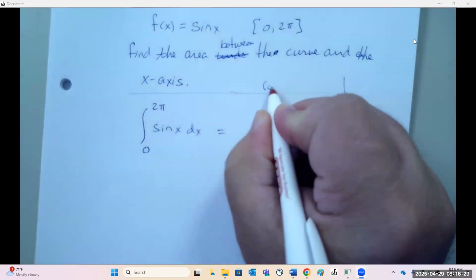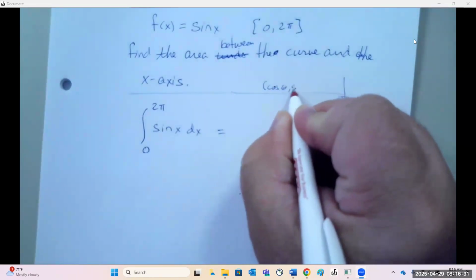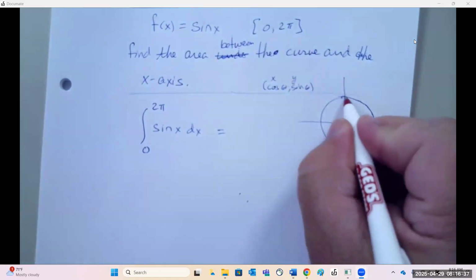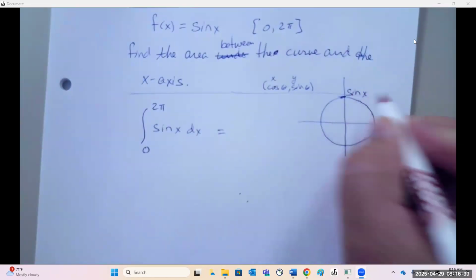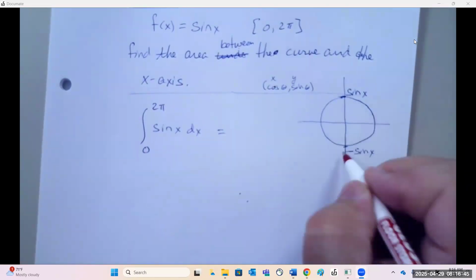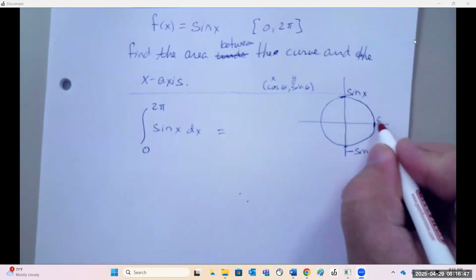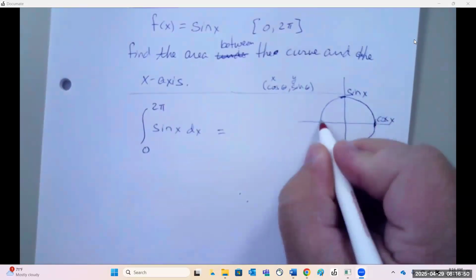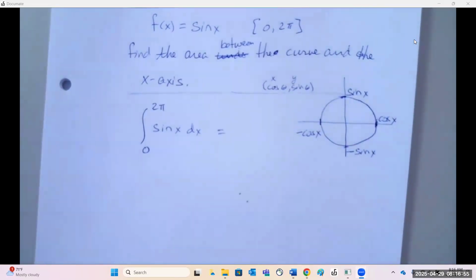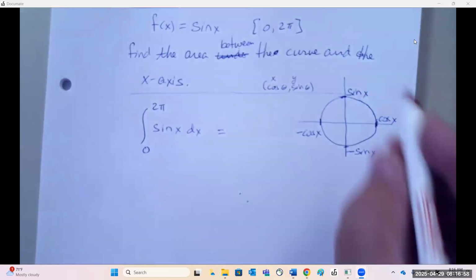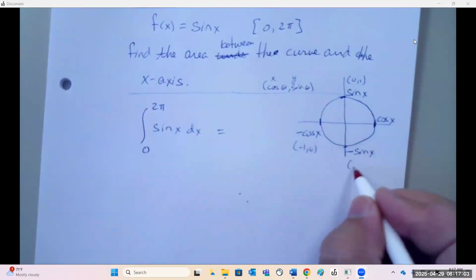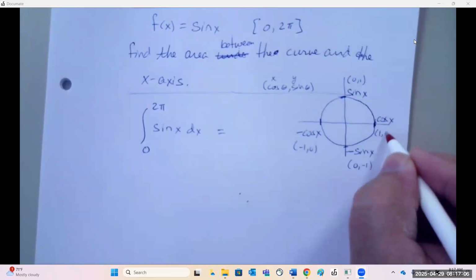Since each point is made up of a cosine and a sine, this is the x value, that's the y value. On the top and bottom is sine x, negative sine x, cosine x, negative cosine x, because the points are 0, 1, negative 1, 0, 0, negative 1, 1, 0.